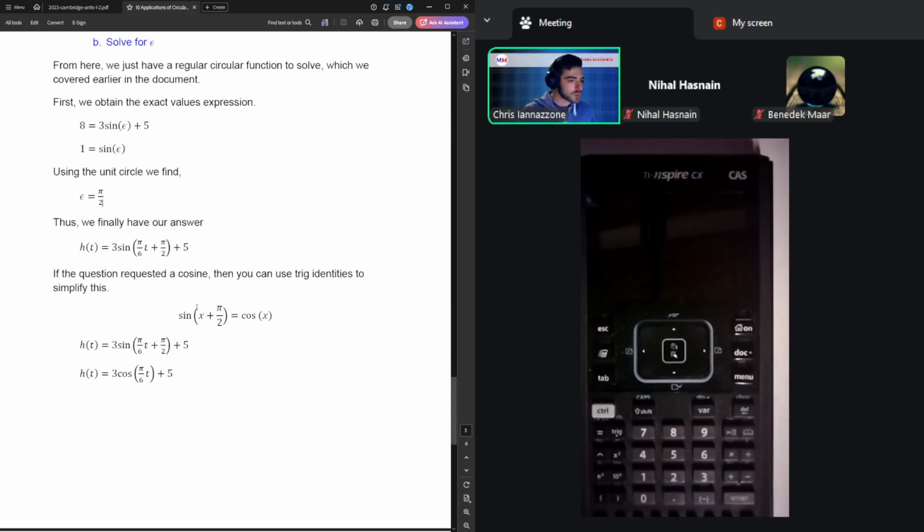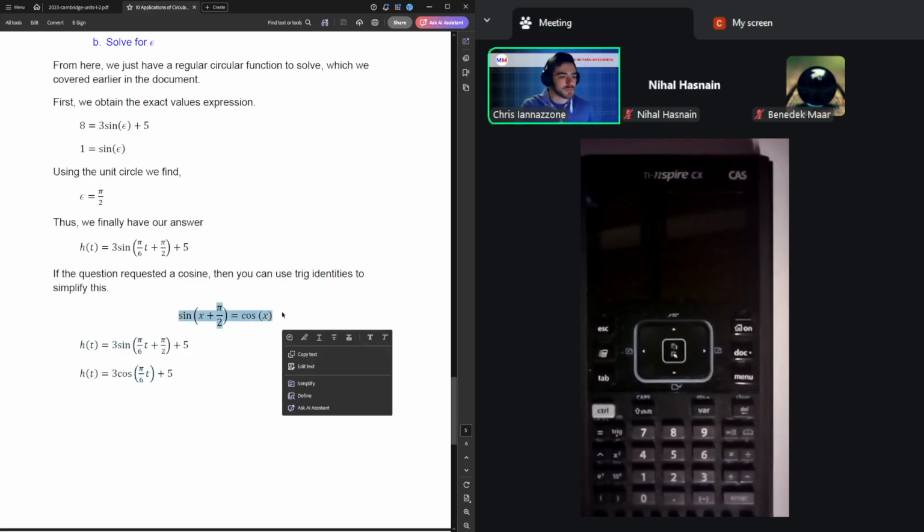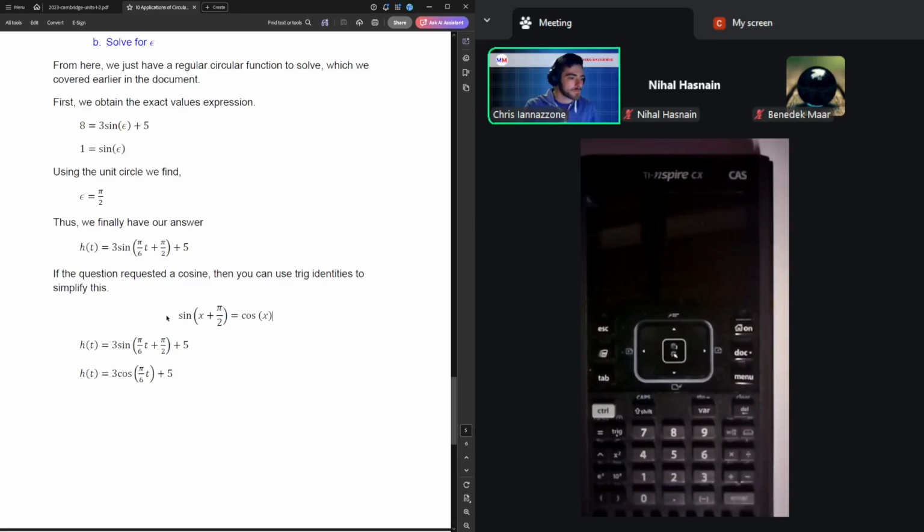Furthermore, if you had even more interesting things to do to it, let's say a follow-up question would be to convert it to an equivalent cosine. This is where you start using your trig identities. Is that what I call them? Symmetry properties, something like that. For instance, any circular function, sine and cos, can be converted between each other by adding or subtracting some amount of pi over 2 to it.